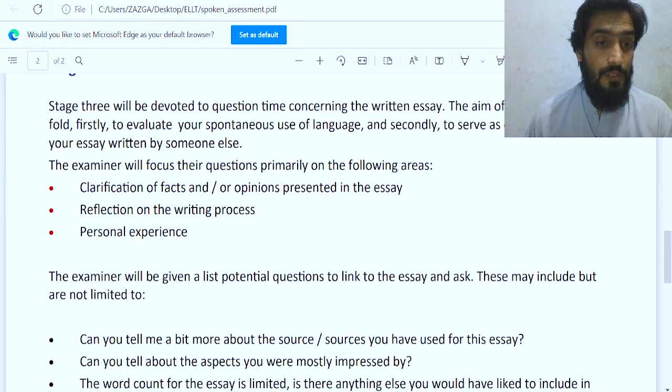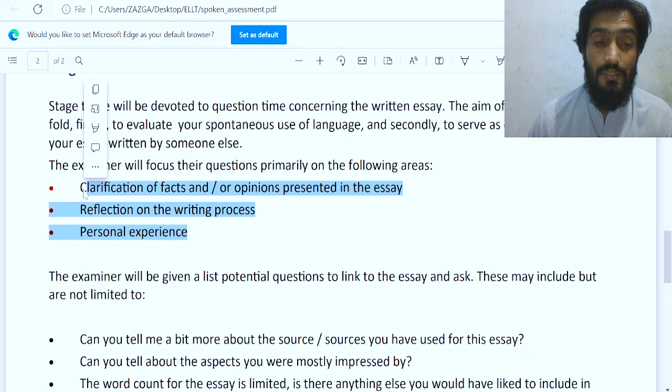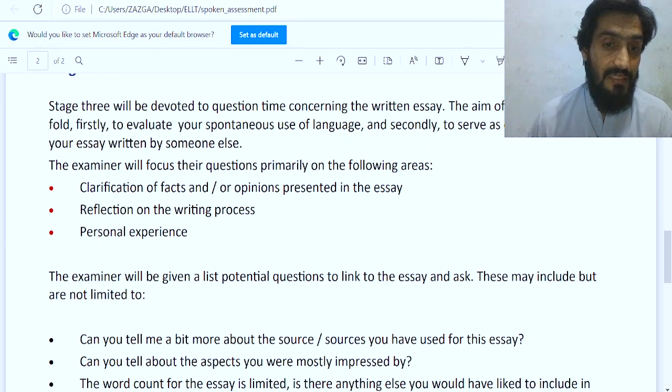Okay. So the examiner will focus their questions primarily on the following areas: clarification of the fact or opinion presented in the essay, reflection on the writing process, and personal experience. The first questions are mostly about the topic. They might ask you what exactly you wrote about. Then they might ask you, how did you organize the essay?